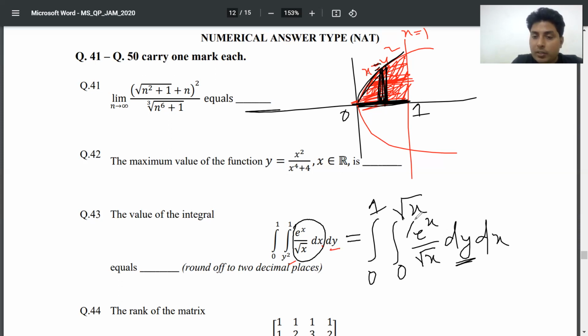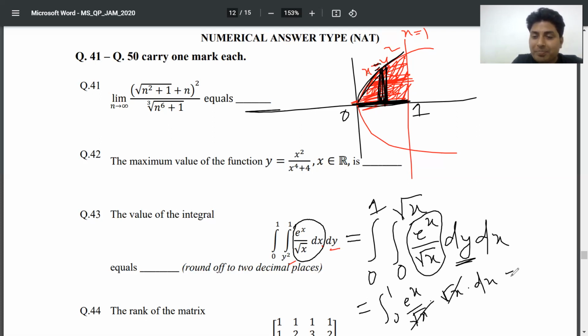This function has no y, so it will be treated as constant with respect to y. So the integral we get is 0 to 1, e raised to power x upon root x treated as constant. Integration of 1 with respect to y is y, and limit is 0 to root x. So root x minus 0, that is root x, into dx.